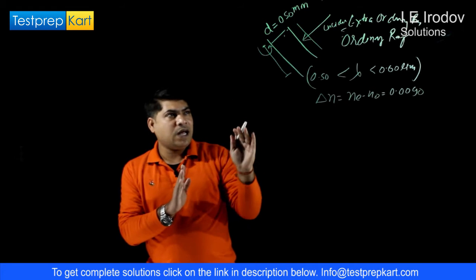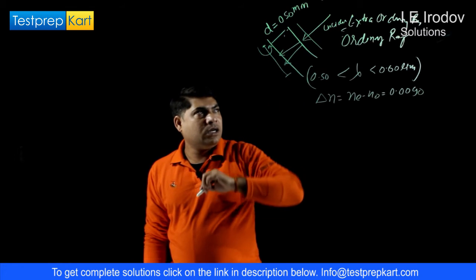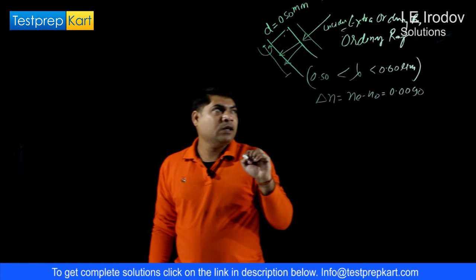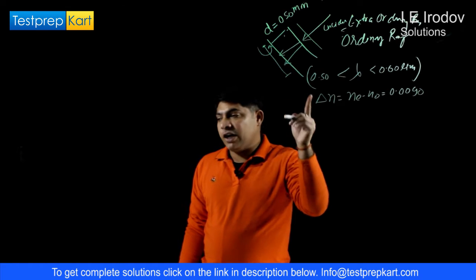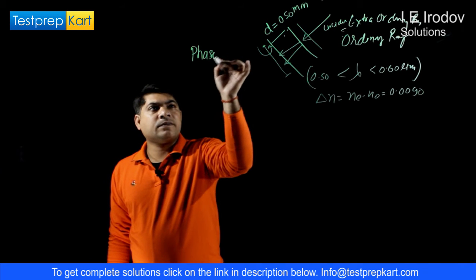So if two rays are moving through this quartz crystal, one ordinary and another extraordinary, with different velocities, then definitely there will be a phase difference.